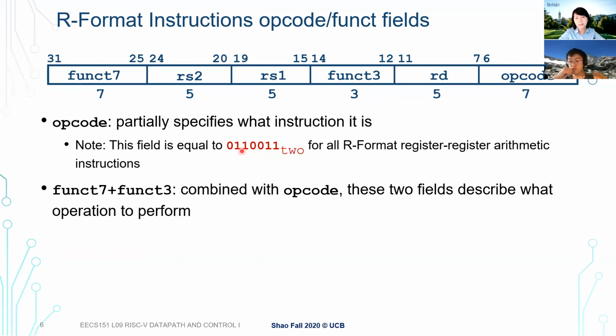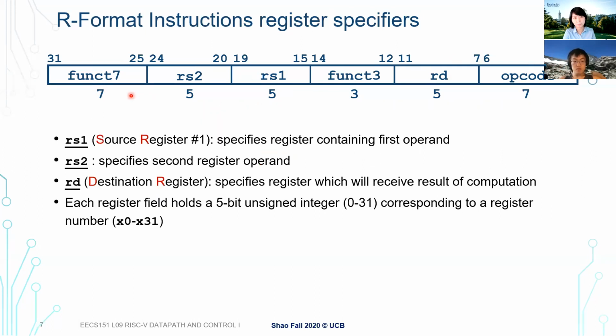Within the R-type instructions, we could also support different register-to-register operations, and those different functionalities are encoded in both func3 and func7. We'll see a couple of examples of how we use different bit patterns to represent different functionalities. So in terms of functionality, those are encoded in the opcode, func3, and func7 fields for an R-type instruction.